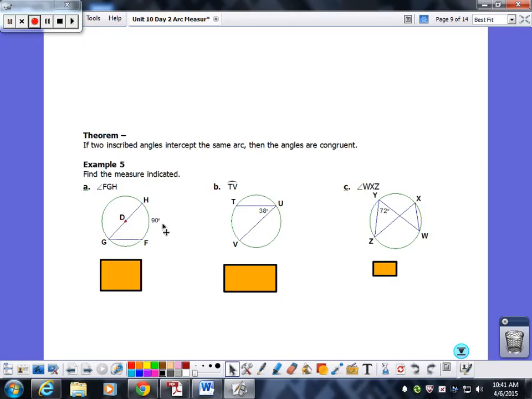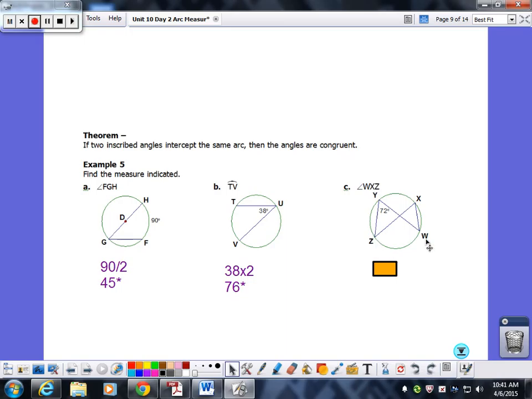Find the measures indicated. FGH. Well, HF here is our intercepted arc, and G is our inscribed angle, so 90 divided by 2 gives us 45 degrees. Now, arc TV has an inscribed angle of 38 degrees. 38 times 2, arc TV is 76 degrees. Over here, WXZ is what we're looking for.